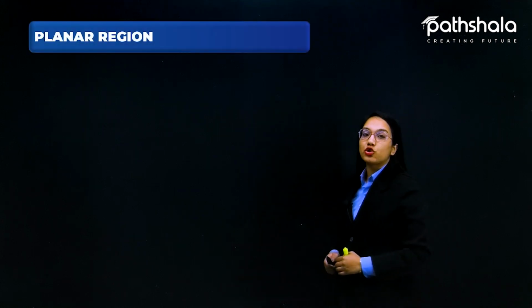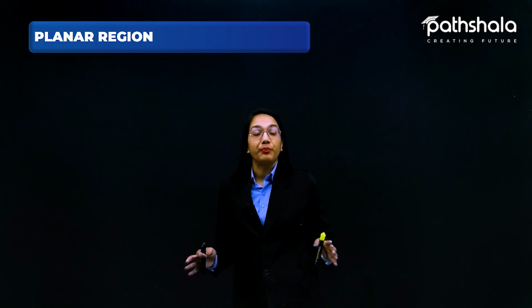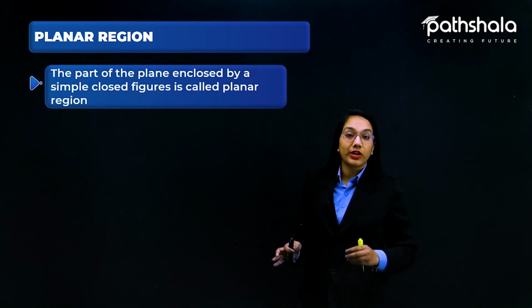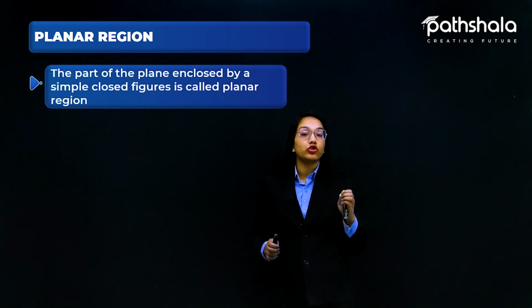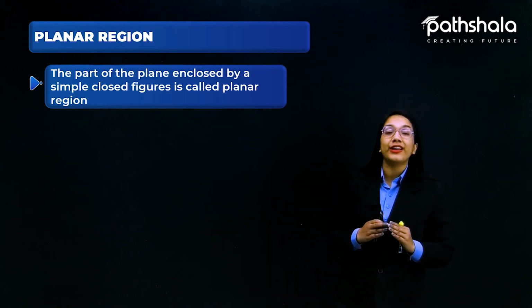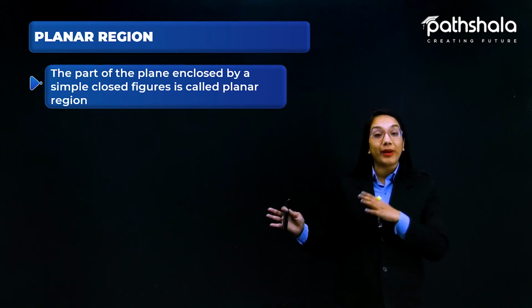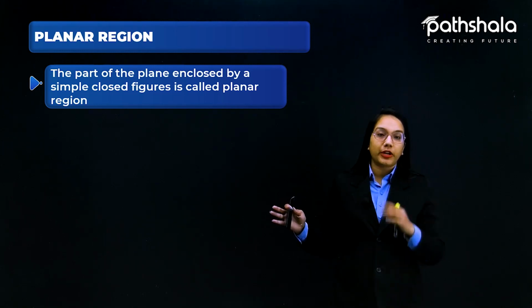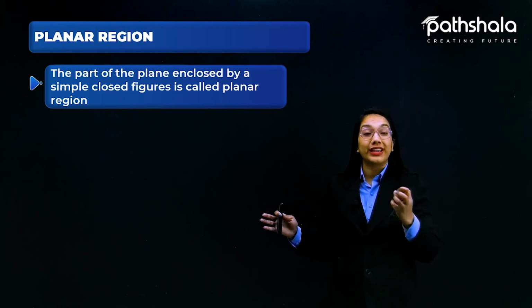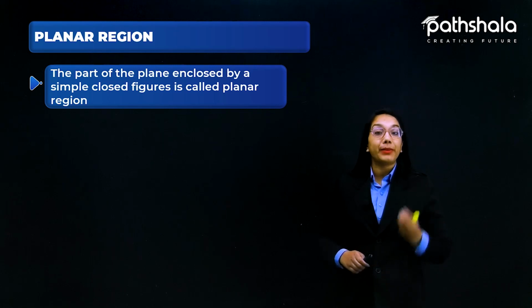Let us talk about the planar region. What is a planar region? A planar region is a part of the plane which is enclosed by a simple closed figure. For instance, the triangular field of Mahiti was enclosing an area within it, and that particular area is called the planar region.